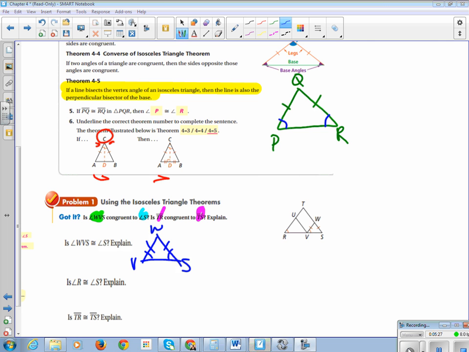So we say yes, because triangle WVS is isosceles, so angle WVS is congruent to angle S.